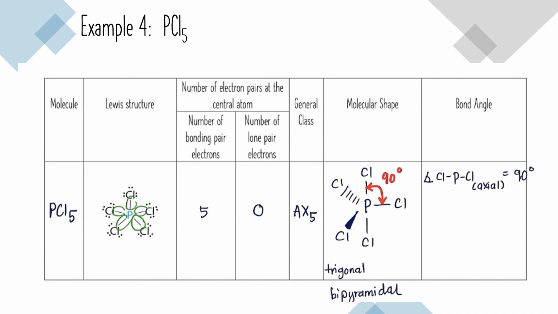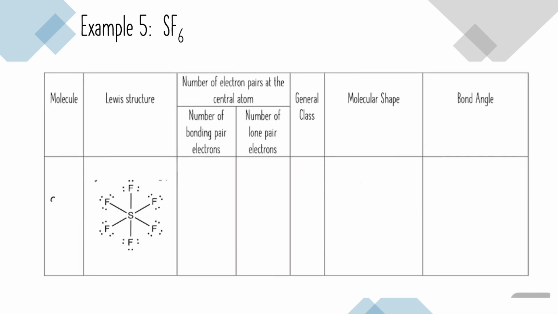For the second one, between this bonding pair and this bonding pair, the bond angle is 120 degrees. So the next bond angle is Cl-P-Cl at the equatorial position, equal to 120 degrees.